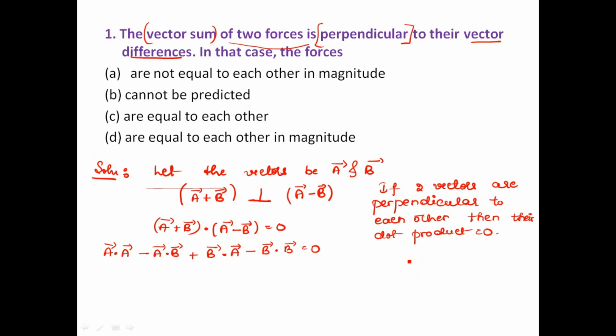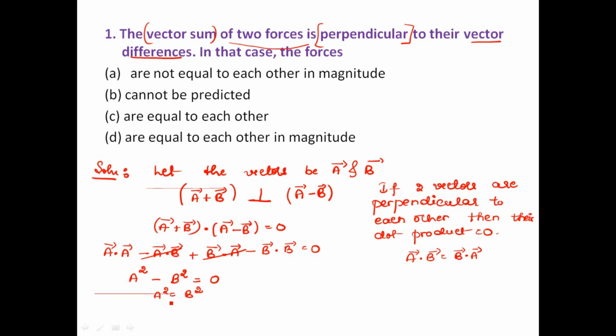You know that vector A dot vector B is equal to vector B dot vector A. That is how plus vector A dot vector B and minus vector B dot vector A will get cancelled. Vector A dot vector A can be written as A square. Similarly, vector B dot vector B can be written as B square. So A square minus B square equals 0, or I can also write A square equal to B square.